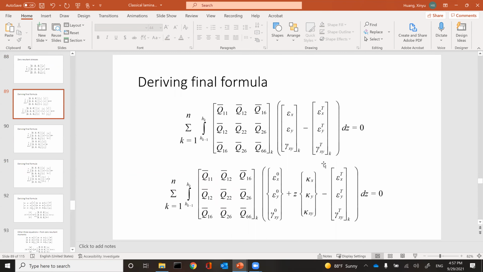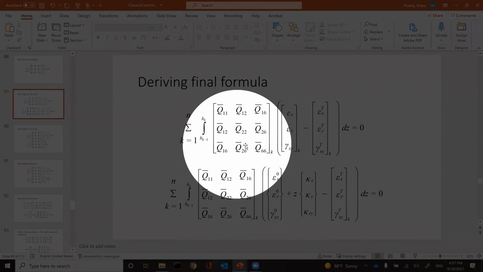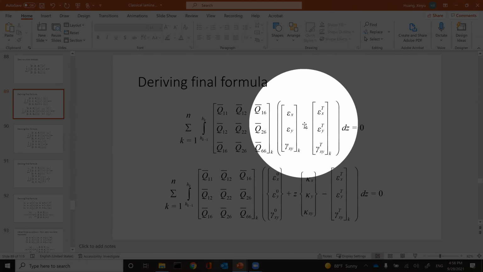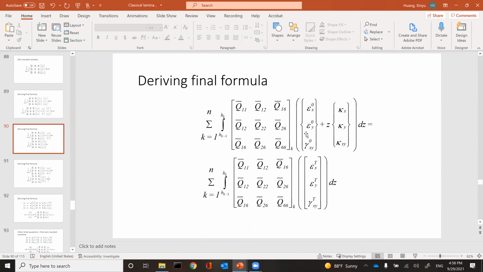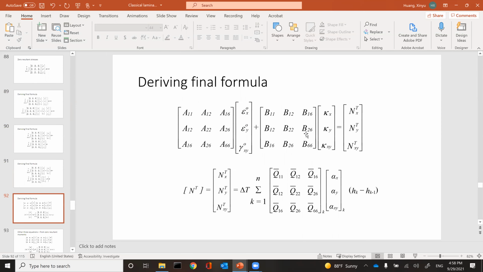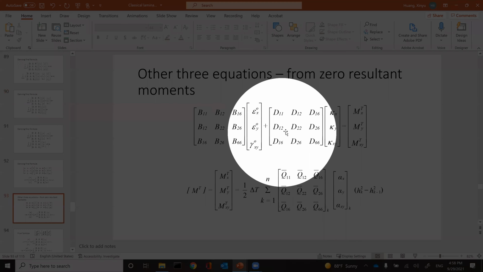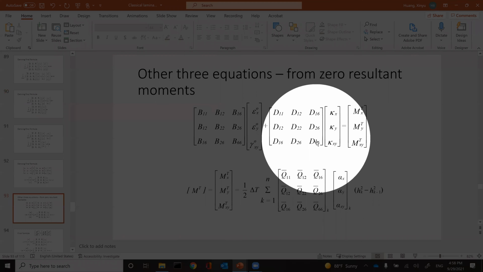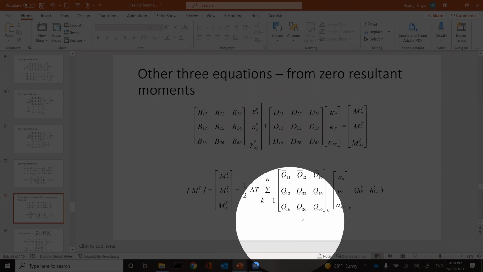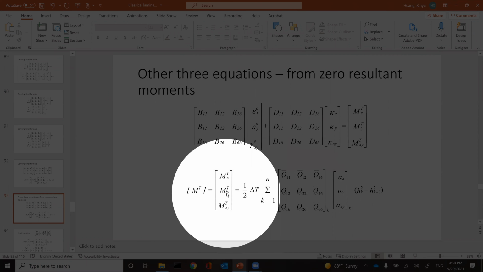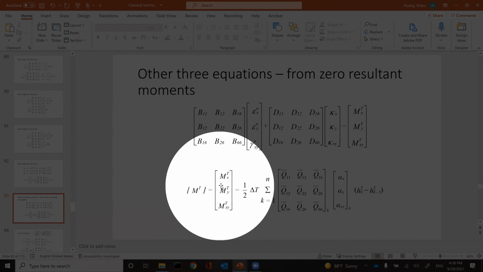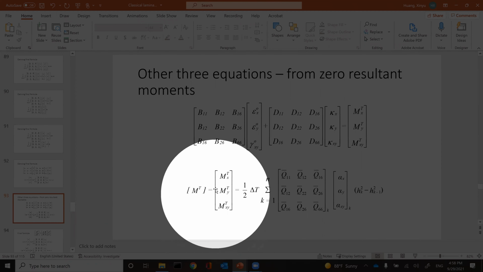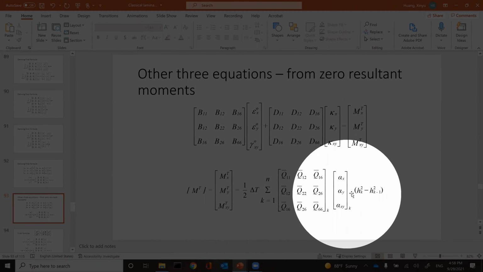If you integrate Q multiplied by Z times this, that's the moment that equals zero, which gives you this equation here, the B and D matrix. Okay, and you can put them all together. Again, the M vector is sort of equivalent to thermal load. It's like the equivalent loading due to the temperature change. Okay.